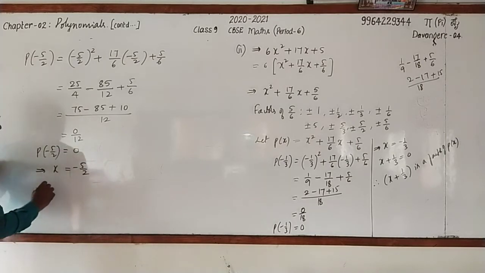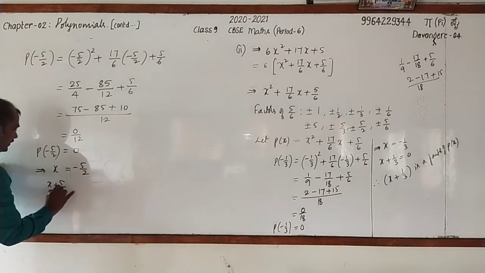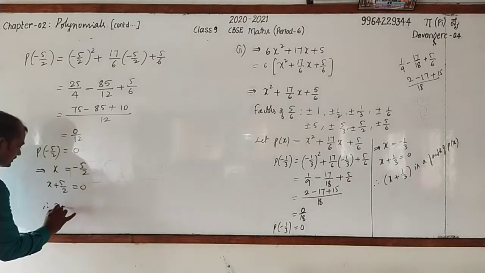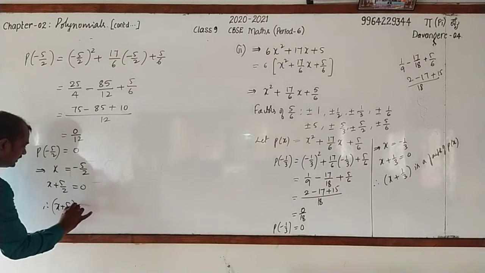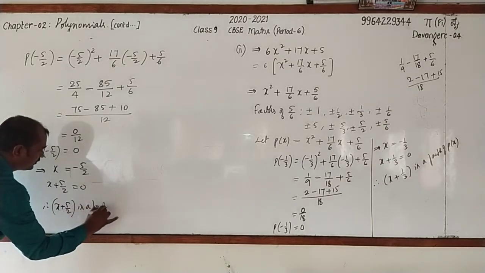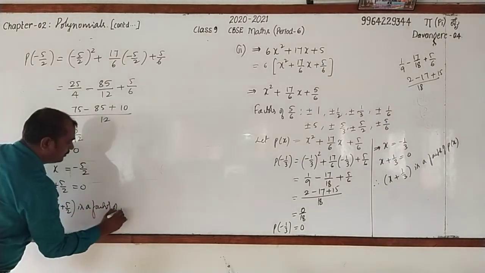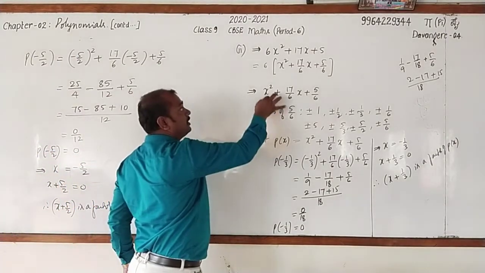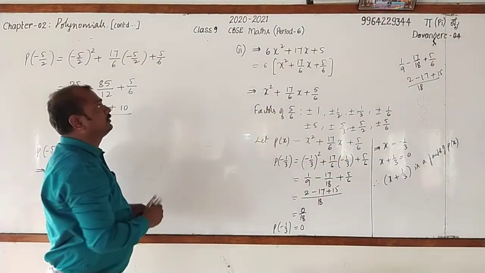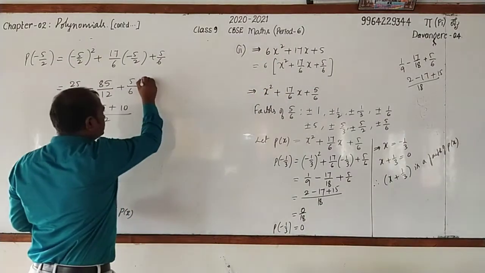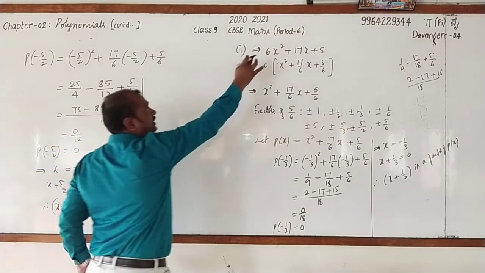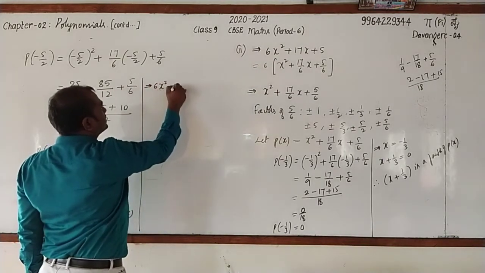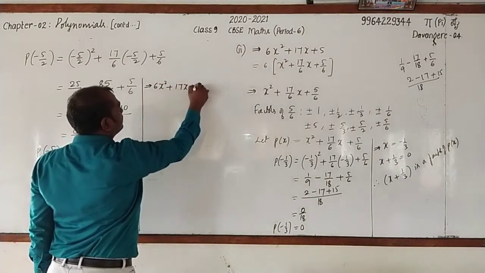Transfer minus 5 by 2 to the left hand side. x plus 5 by 2 is equal to 0. Therefore, x plus 5 by 2 is a factor of P of x. That is a factor of this. But we want the factors of the given polynomial, that is 6x square plus 17x plus 5.